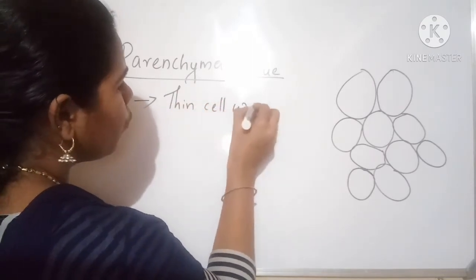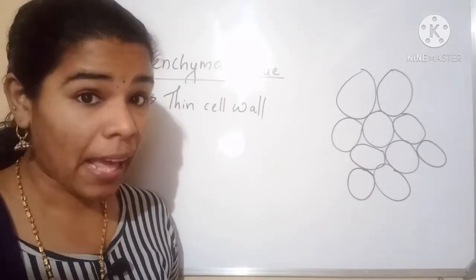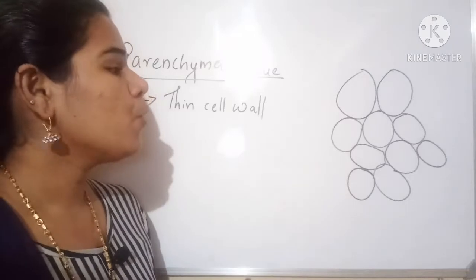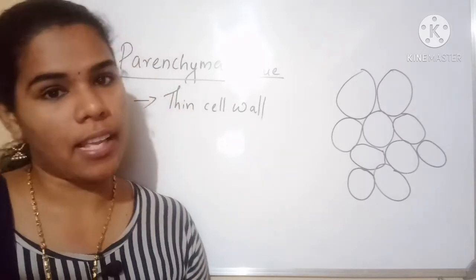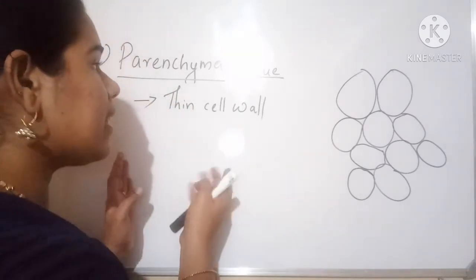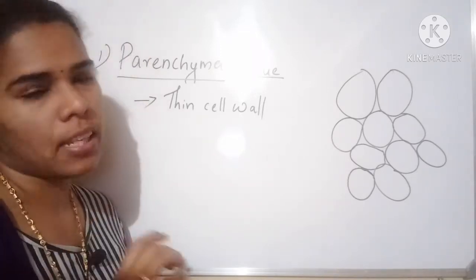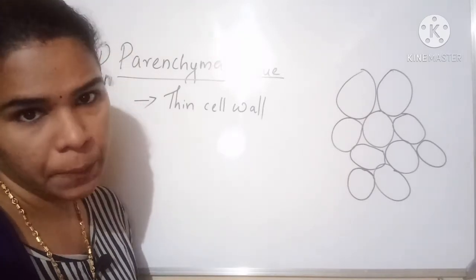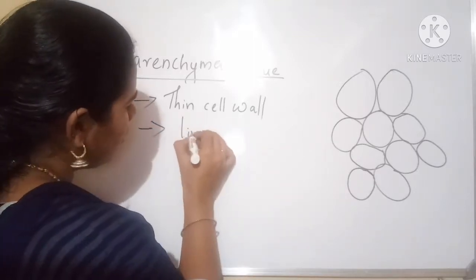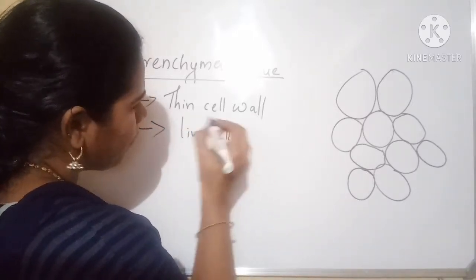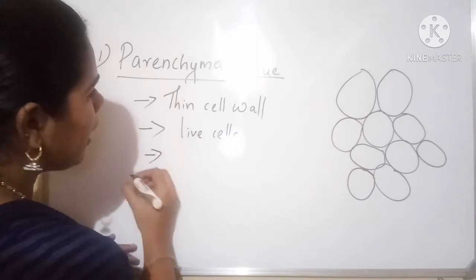Plant tissue has an outermost protective layer called the cell wall. In the case of parenchymatous tissue, they have an outermost thin cell wall, and they are live cells.